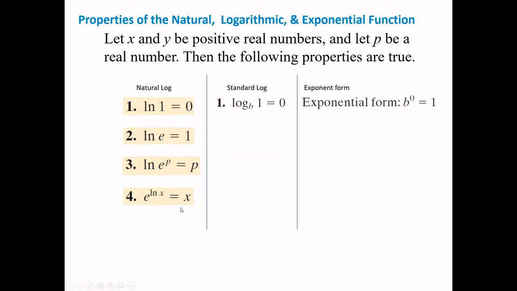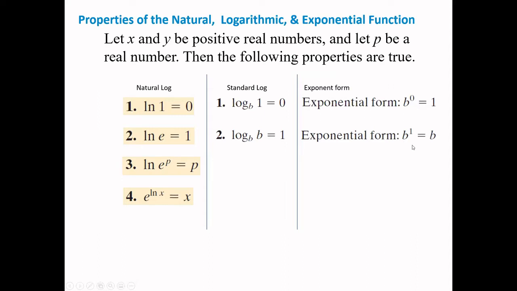The format for standard logs: log base b of 1 gives you 0, and here's the exponential form to go with that. Why is this true? Because if we change this to exponential, 0 is the power, b is the base, and the argument is the solution. Log base b of b equals 1.